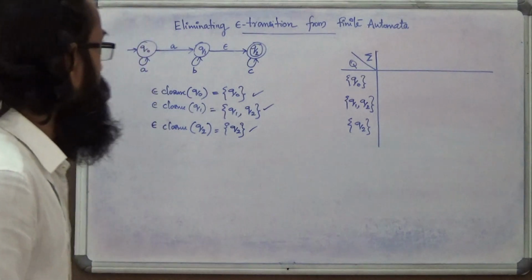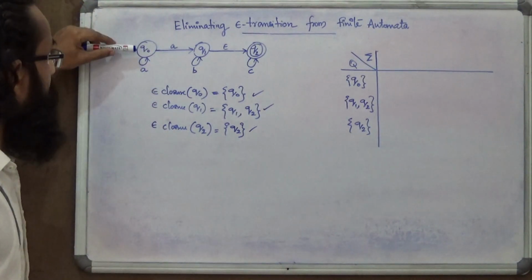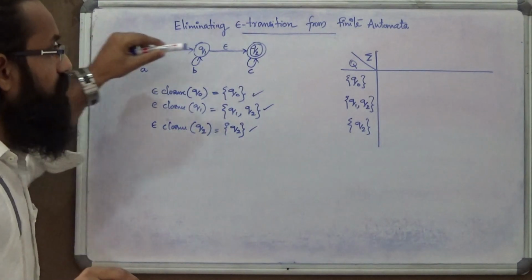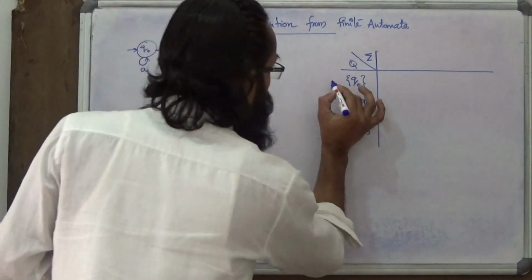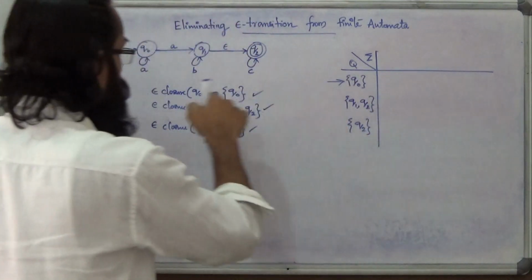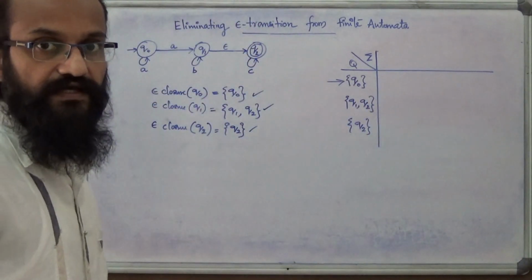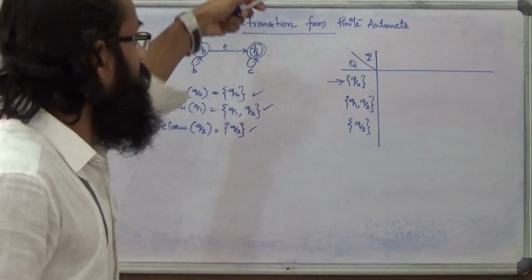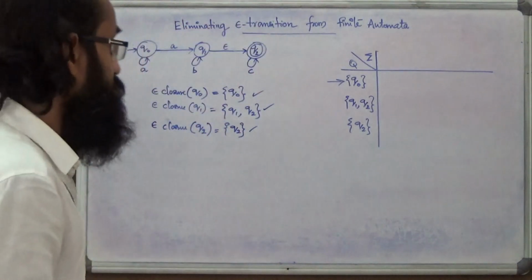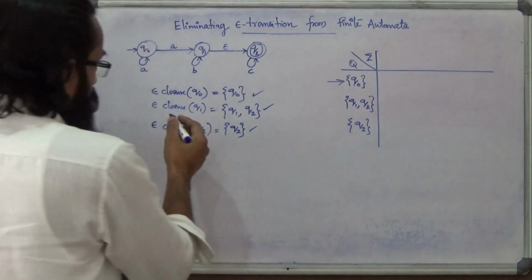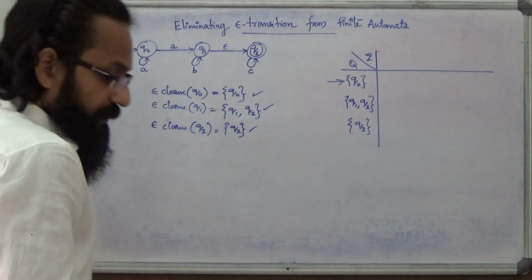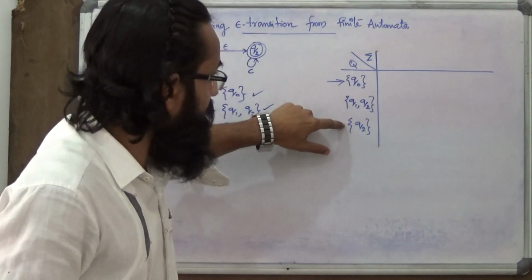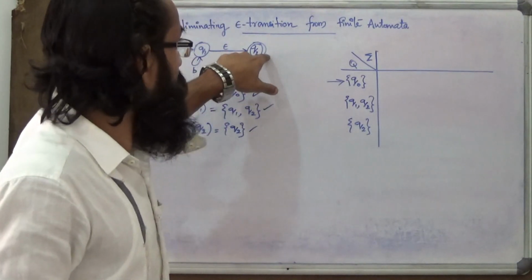So once after identifying the states, you have to differentiate the start state and you have to differentiate the final states. So epsilon closure of the start state in our epsilon NFA will act as the start state in our NFA without epsilon transition. So this is actually epsilon closure of the start state in our epsilon NFA. Now you need to identify those sets containing the final state in our epsilon NFA.